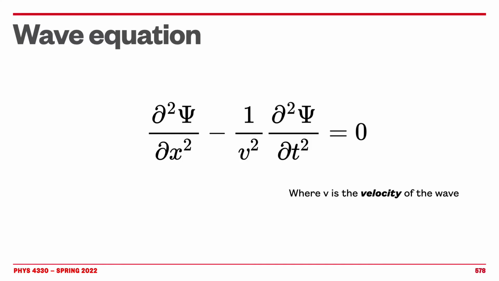Just as a reminder, so far we were able to derive this wave equation in one dimension, and we found that it was actually a pretty simple and elegant form where we have second derivatives of the wave function with respect to time and with respect to position.